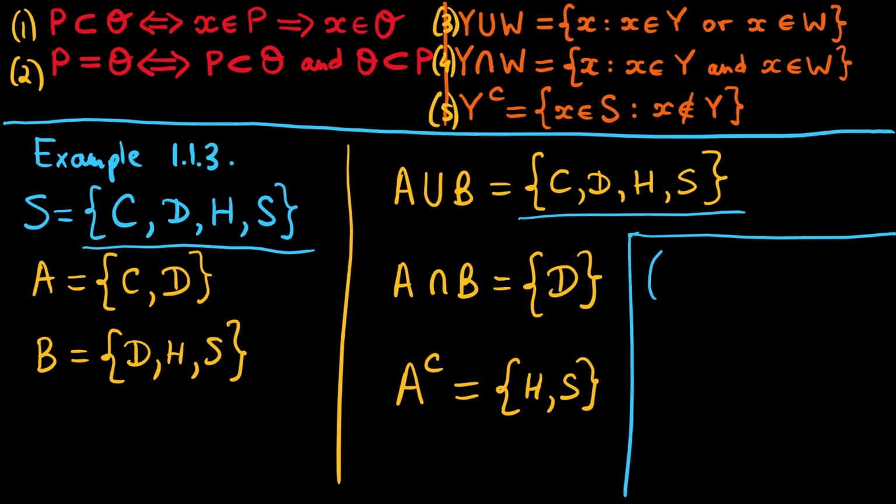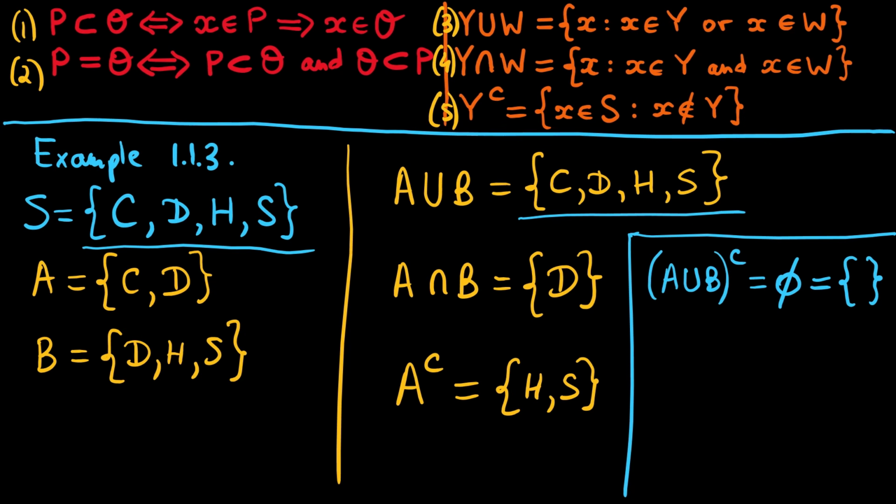And if we were to take the complement of A union B, by definition 5, now we're looking for the elements that are in the sample space that are not in A union B, and there are no such elements, so this gives us an opportunity to define the empty set, or the set with no elements, and these are the two ways in which we can denote it.